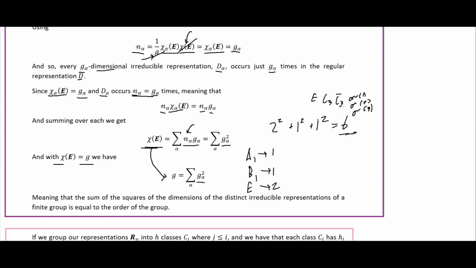It's an order 6 group, and so this is just telling us that the character of the identity of our group is going to be equal to G, and that will be equal to the dimensionality of each of the irreducible representations squared and then added together, which, like I said, is another one of those properties we used in a previous video.